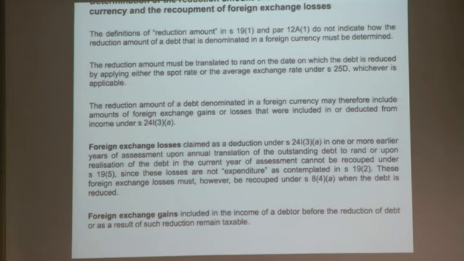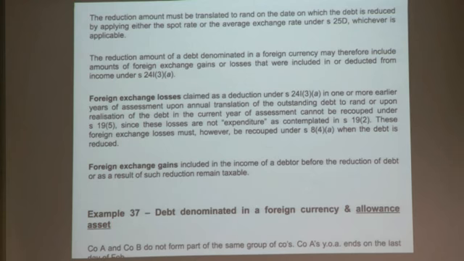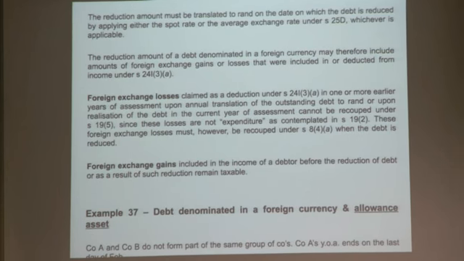Remember when I did the CGT calculations, I said to you that works at the end of the year of assessment. So my debt reduction is on the date that it is reduced, and on that date I'm going to convert it to rand at the spot or the average rate. The reduction amount of a debt denominated in a foreign currency may therefore include amounts of foreign exchange gains or losses that were included in or deducted from income.